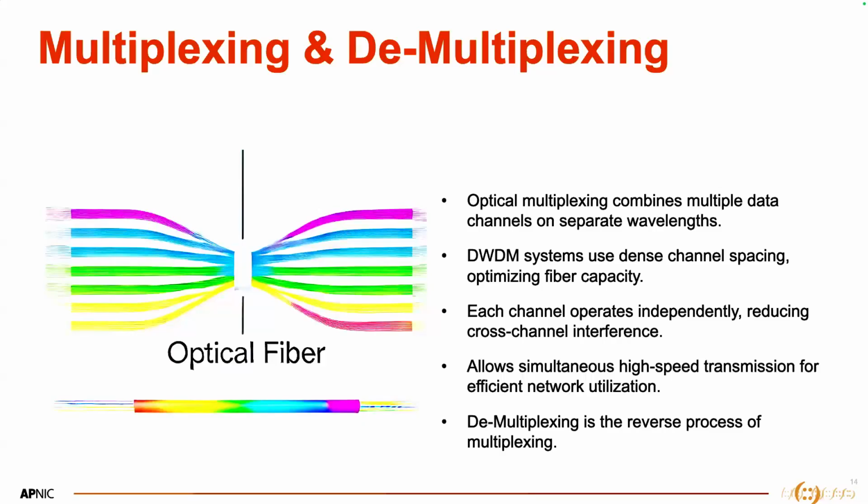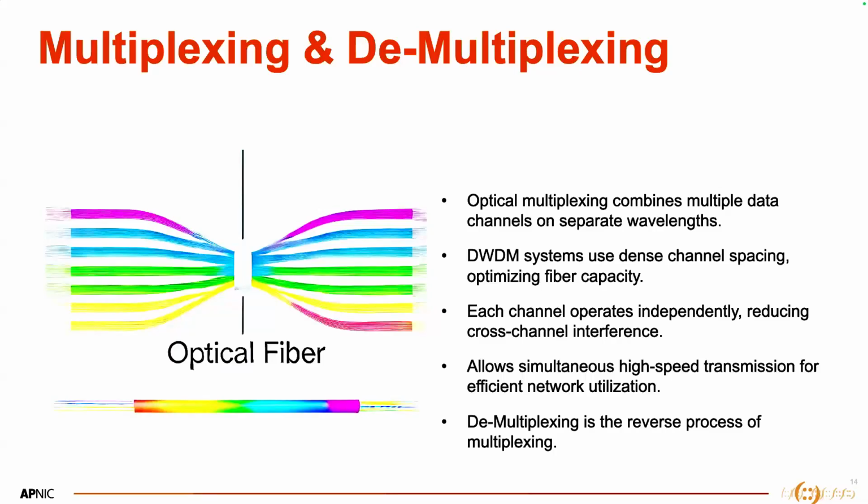In DWDM, we use wave division multiplexing. That means we are multiplexing waves and demultiplexing waves. At the source, we are sending multiple wavelengths. With the help of a multiplexer, we merge them into one single signal and send it through one optical fiber.